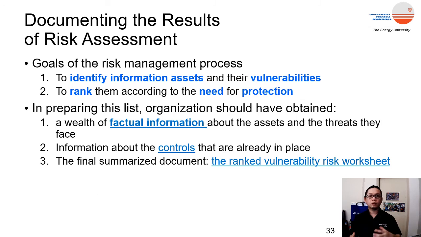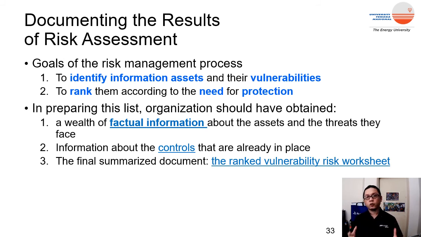So from your activity of prioritizing the asset, identifying the threat, and identifying the vulnerability, you can have a proper roadmap of which asset is very important to you, which asset must be given proper focus from the very beginning.